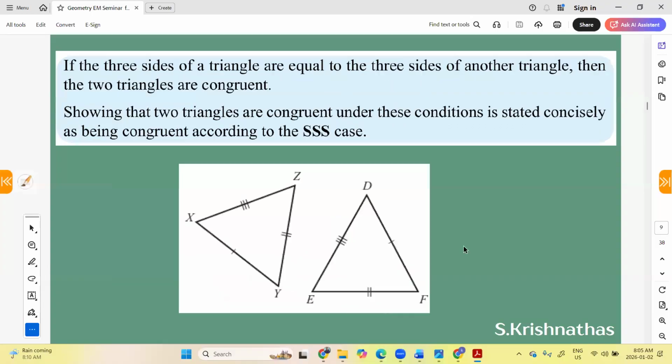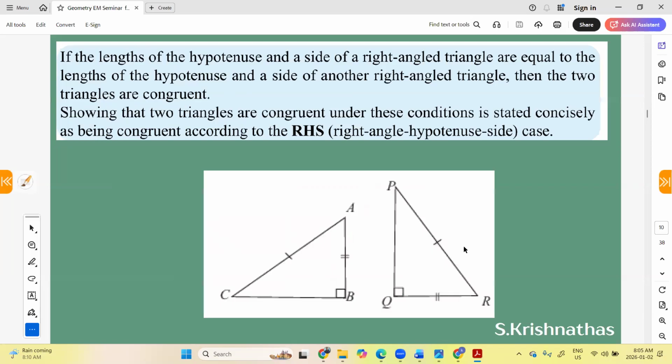Now, third case. That is easy, students. Three sides of a triangle are equal to three sides of another triangle, then the two triangles are congruent, SSS case. Then the other one: in a right angle triangle, hypotenuse and a side. You know this hypotenuse, right? This one is hypotenuse, opposite of right angle.